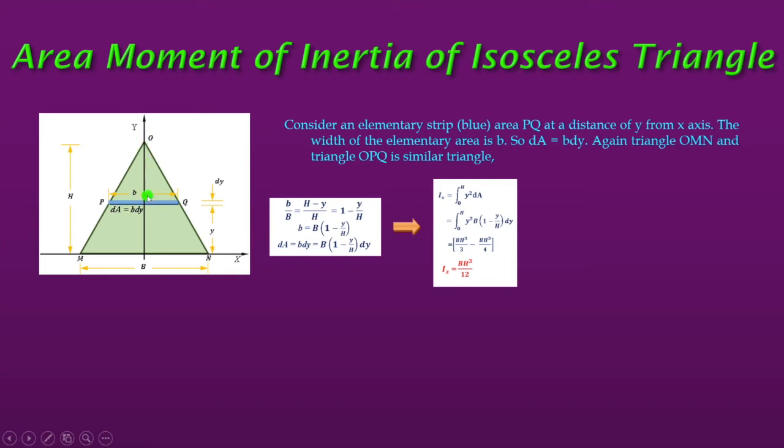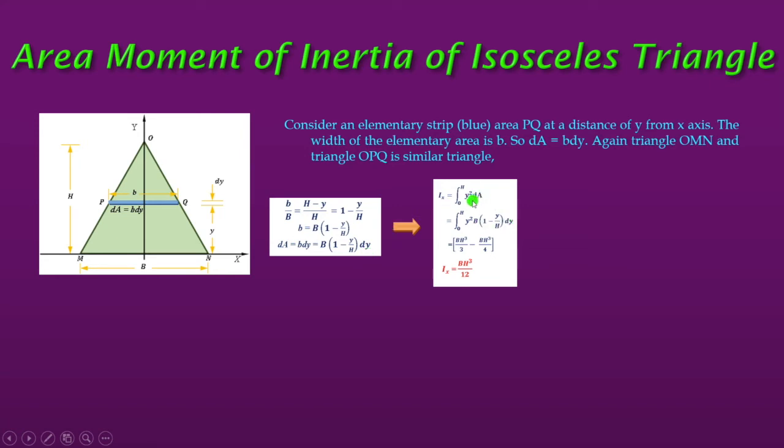This height equals capital H minus y, and the total height is capital H. So from here we get the relation between small b and y. Now we will express dA in terms of y and substitute in the equation y square dA.